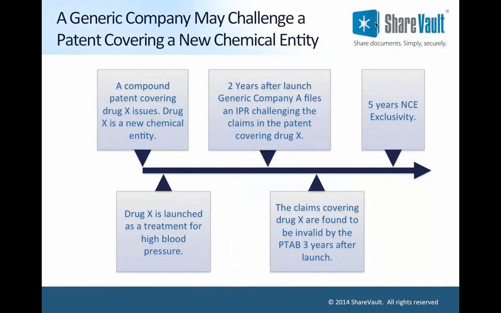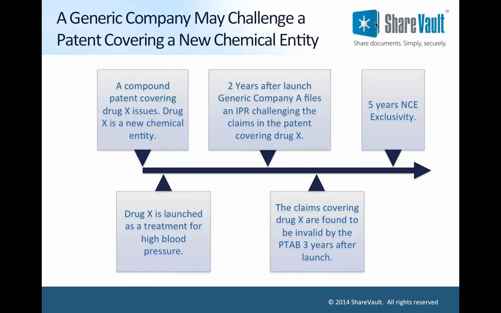Now this is an example of a generic drug company, or what happens in a Hatch-Waxman case. Basically, there's a new compound which is invented, by drug X, and drug X is launched as a treatment of high blood pressure.